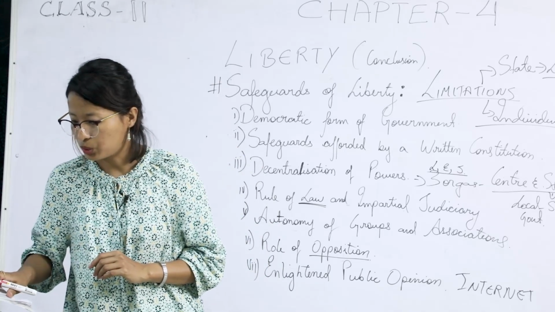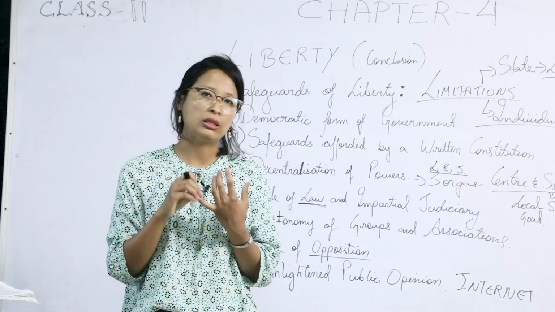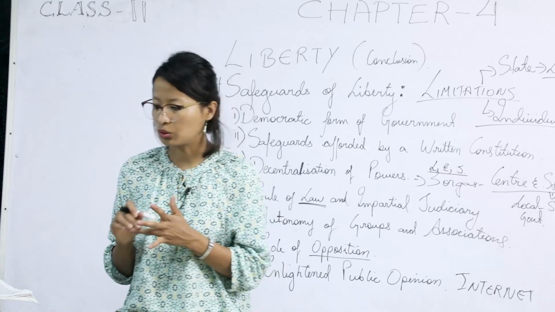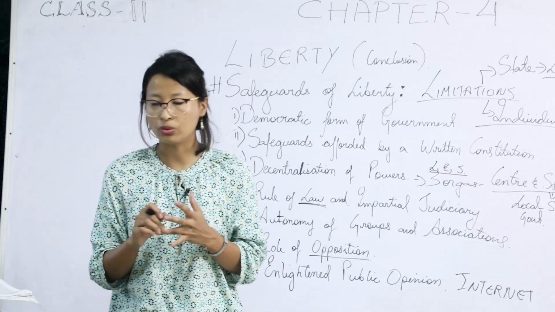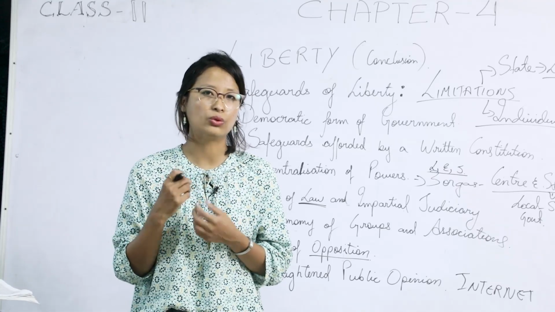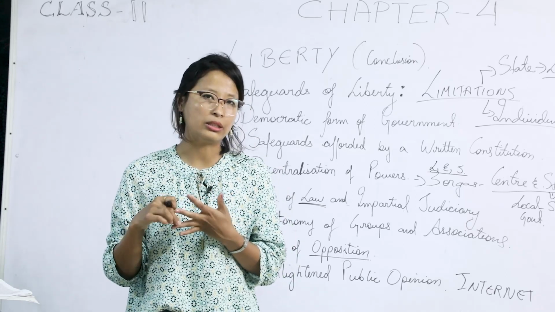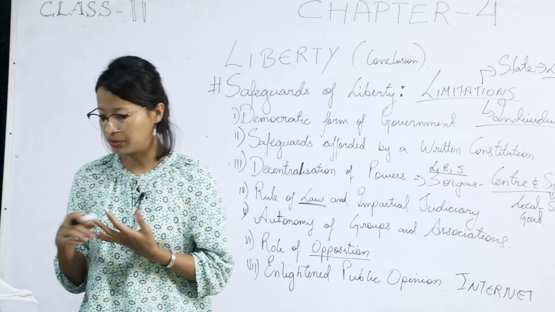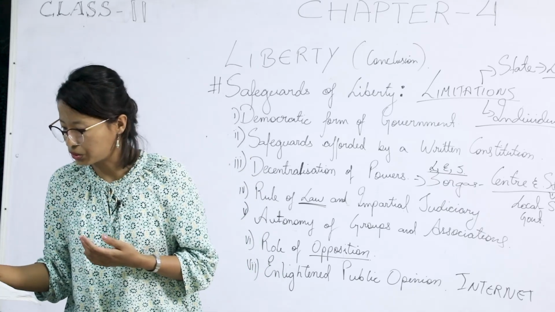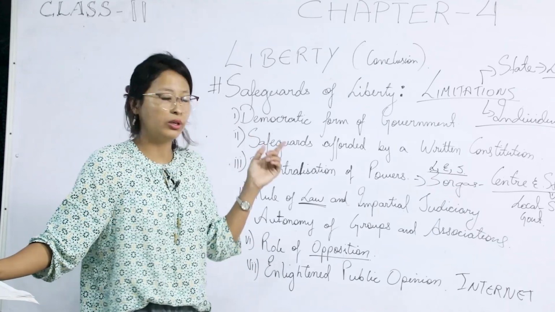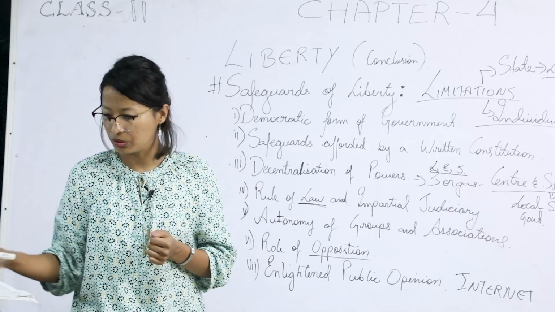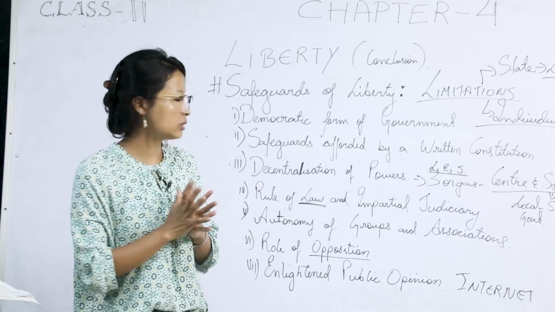Now, these are the two sources of limitation: legal, that is something to do with law, and social constraint, that is something to do with societal norms, against the caste system and the Dalit issues that your text has mentioned. These are the two sources of limitation apart from the individual restraint. So with this, we'll end this topic.